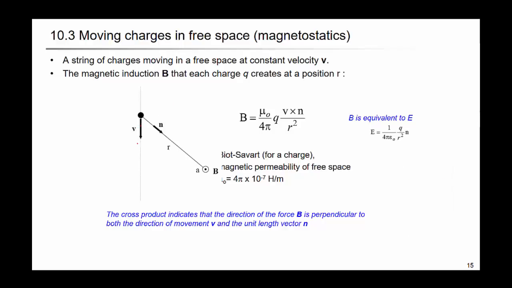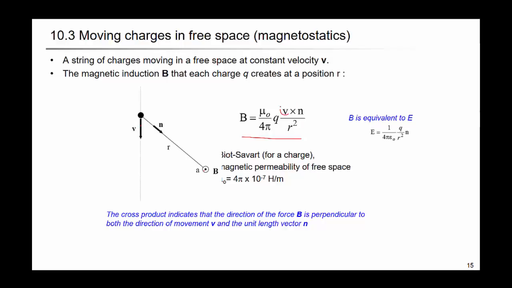At a point at a distance r, you have a magnetic induction B, and that can be calculated using this equation, mu naught over 4 pi times Q, v cross product, and the unit vector over r square.